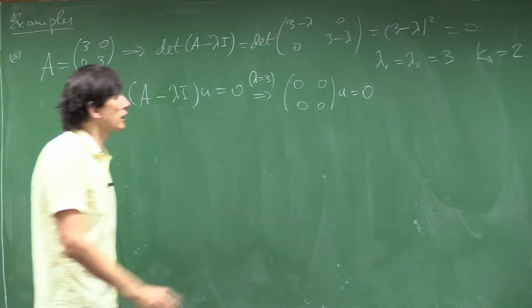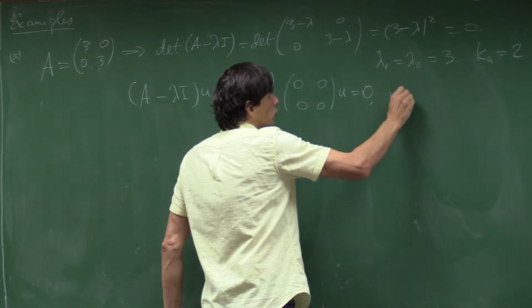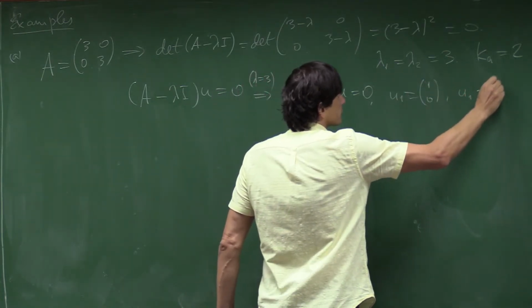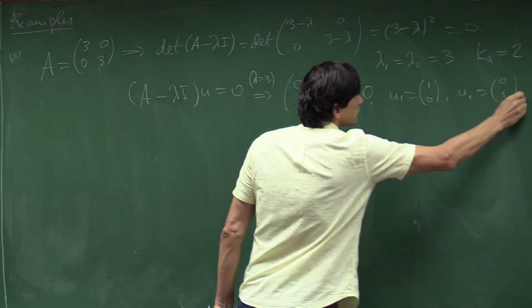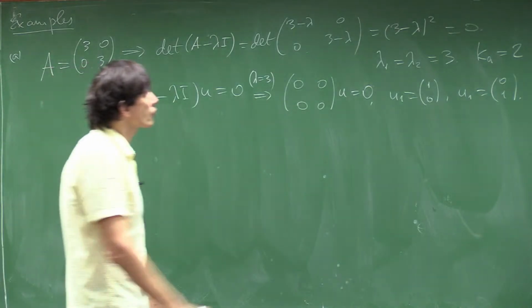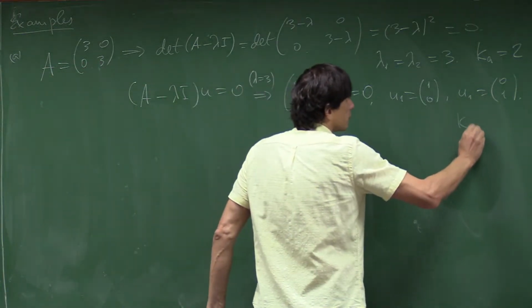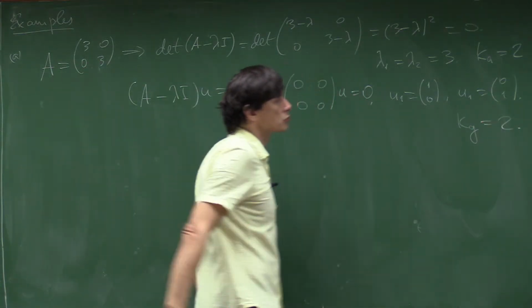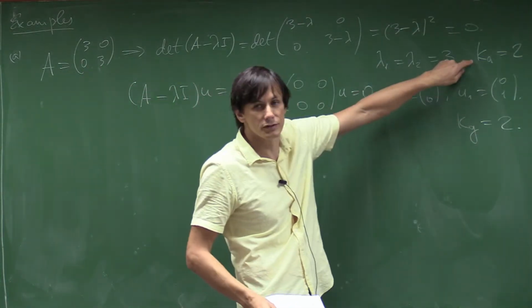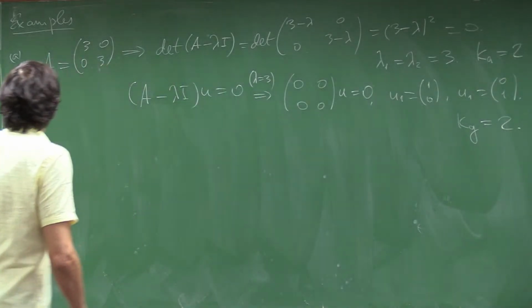And this means that we can find two linearly independent eigenvectors: 1, 0 and 0, 1. So geometric multiplicity is also 2. So we have the same algebraic and geometric multiplicity. Okay, this is the first example.